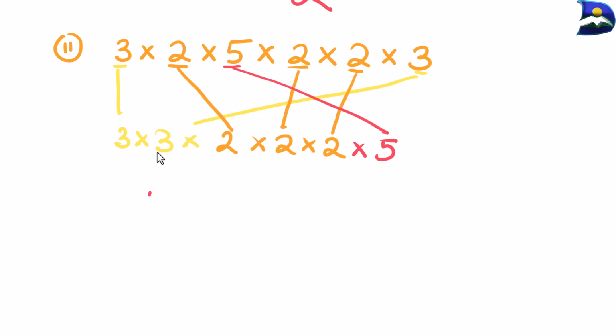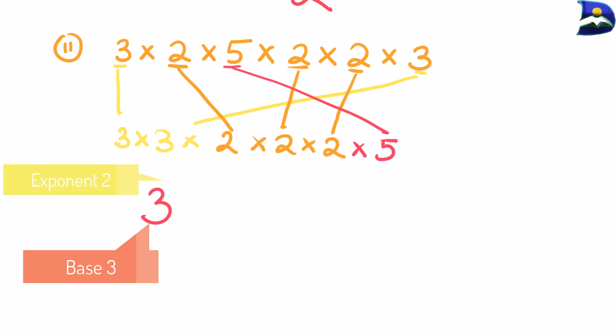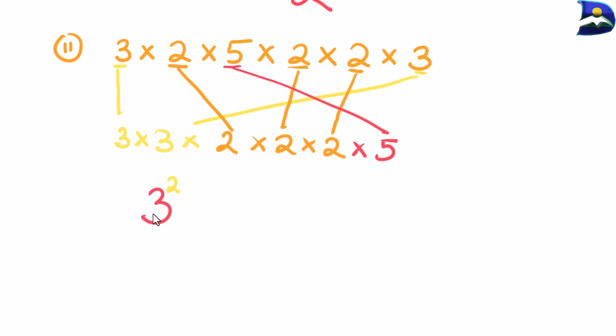So I have 3 to the power, in this case the exponent is what? We have 2 of these 3's multiplying together, and so the exponent is 2. That is the first one that we've multiplied and set up in power form.